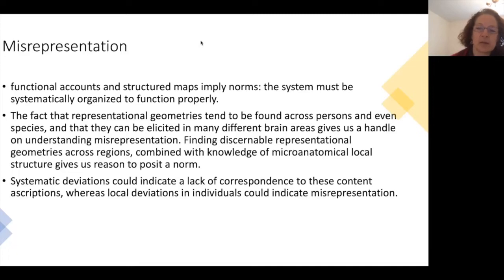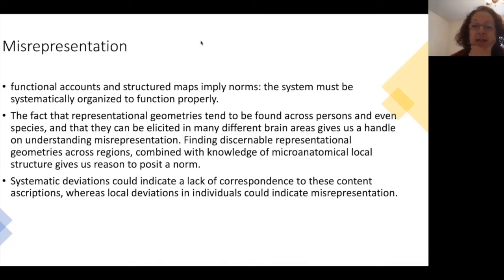One illustration of this is that Connolly and colleagues showed that there's a gradient of predacity in IT, so that different animals that are more or less dangerous or predatory are represented in a gradient, so that the more dangerous ones are represented close to the more dangerous ones, and the less dangerous ones to the less dangerous ones.